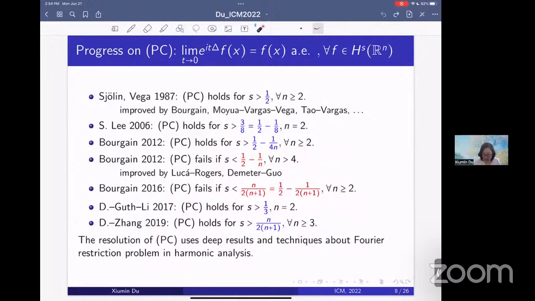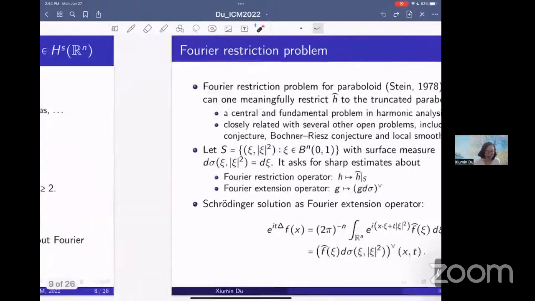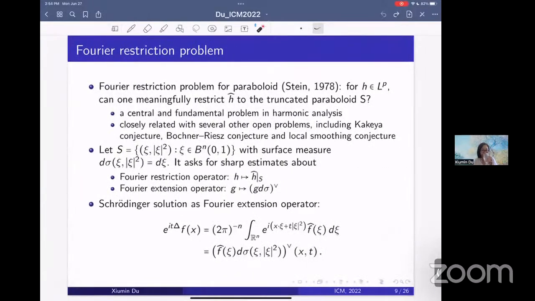So next, I'll briefly introduce the Fourier restriction conjecture. This problem was raised by Stein in the 1970s. Consider this.